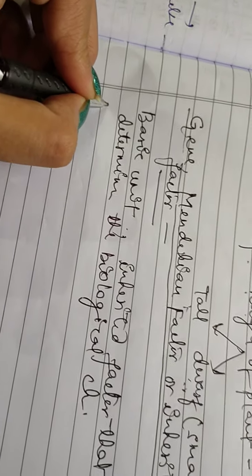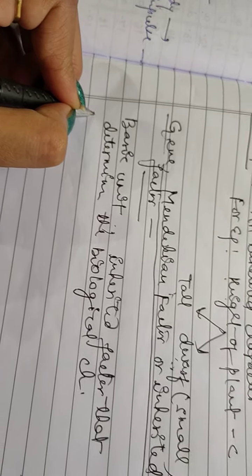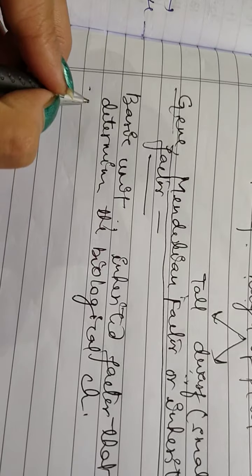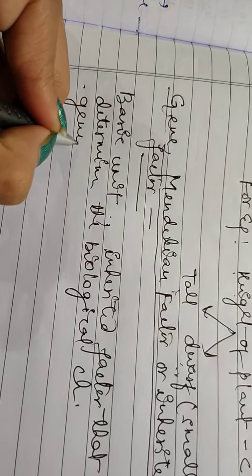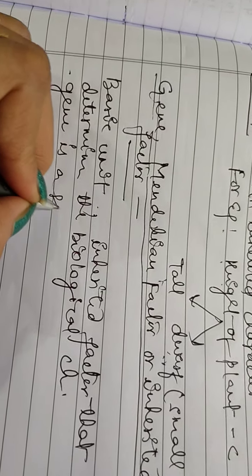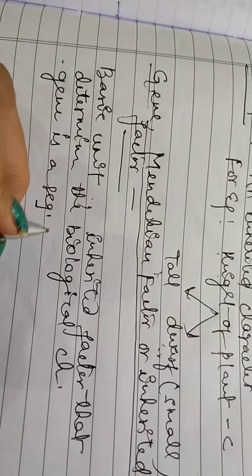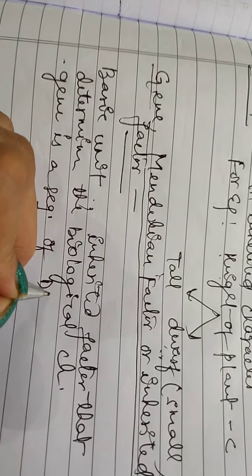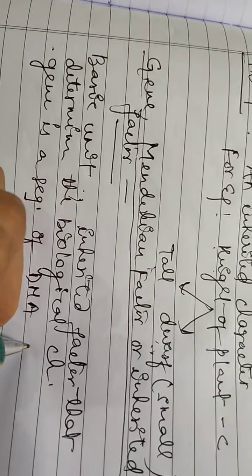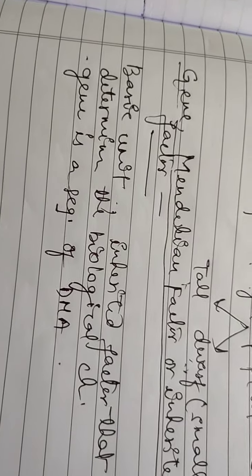So what could be the definition of gene? Gene is a sequence of DNA, and it is equivalent to factor of Mendel.